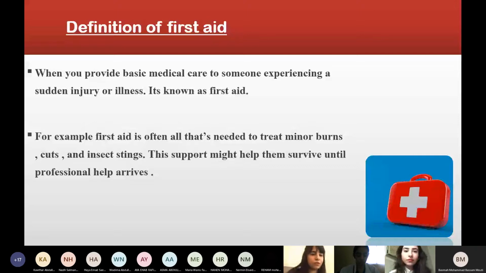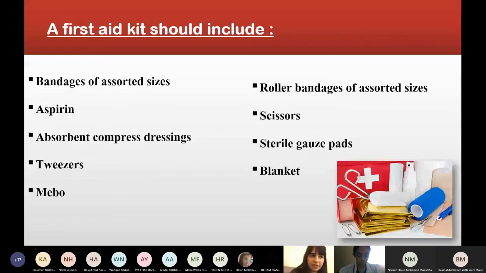The tools you need for a first aid kit are very simple: bandages of assorted sizes, aspirin, scissors, sterile gauze pads, tweezers. These are the most important products in my opinion.